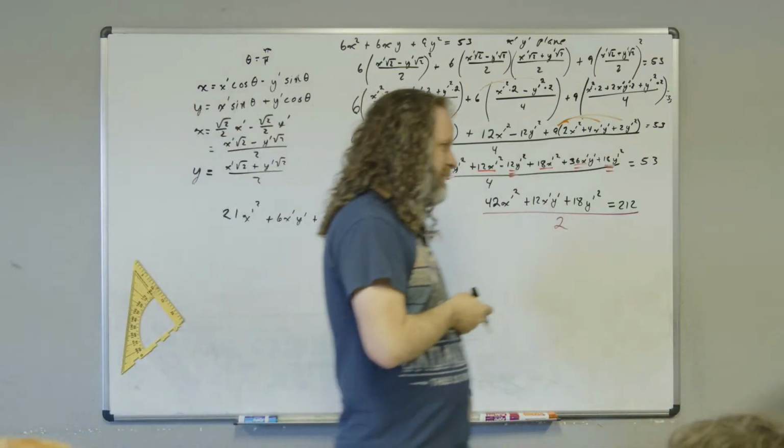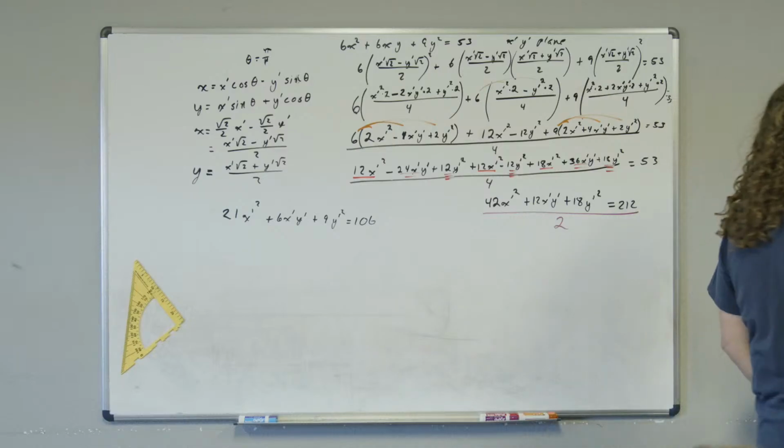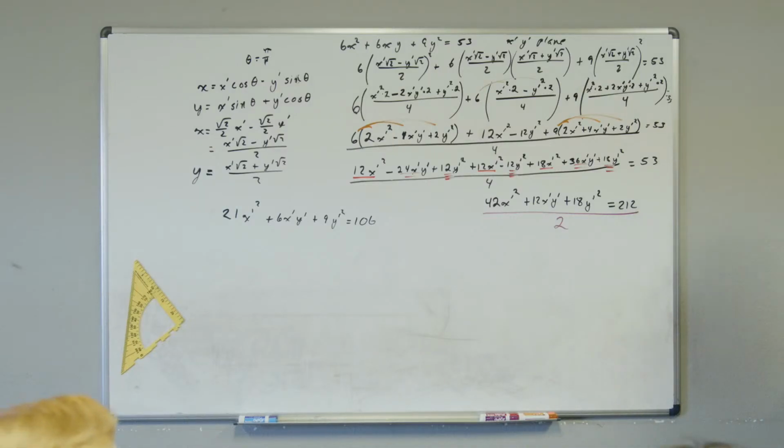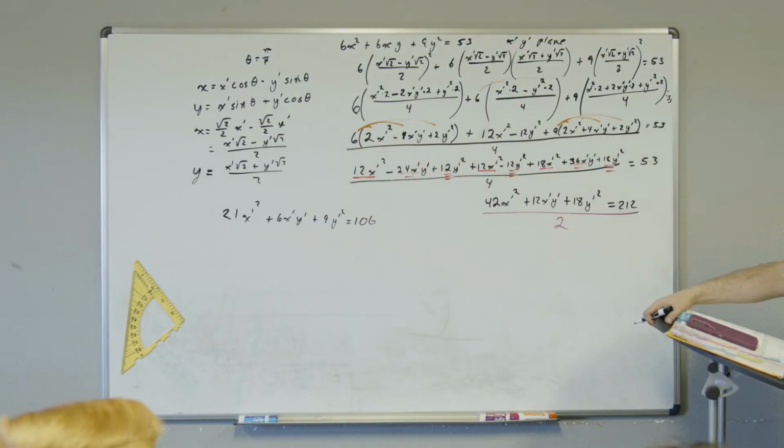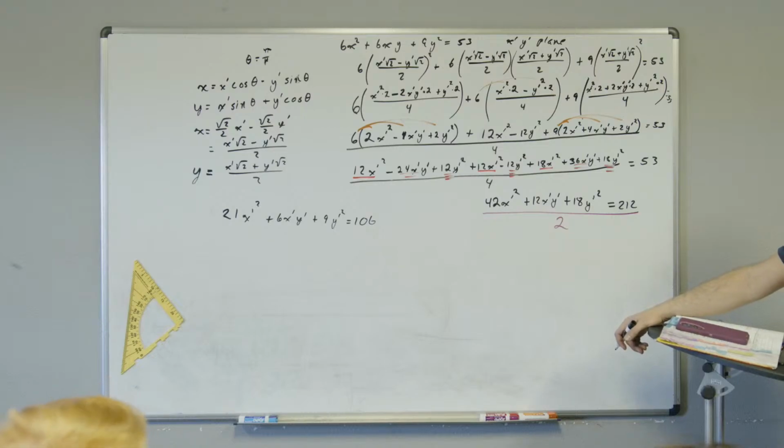We bring the 106 to the other side to get everything equal to 0. If we subtracted 106 from both sides, in order to get everything on one side, we'd have minus 106. And then all of that equals 0.